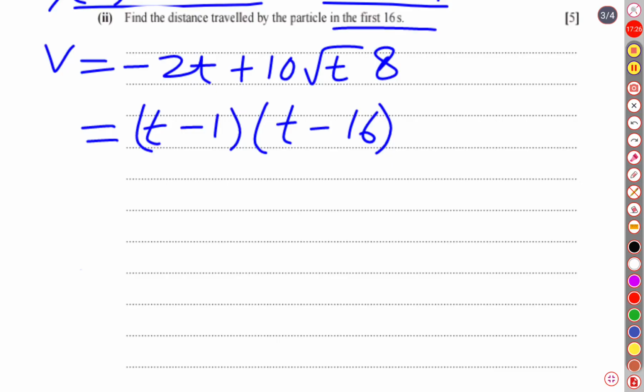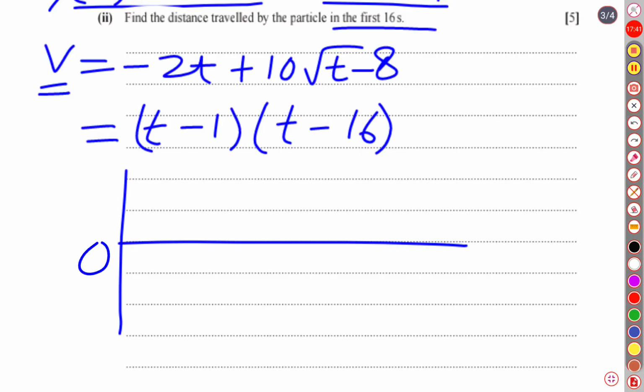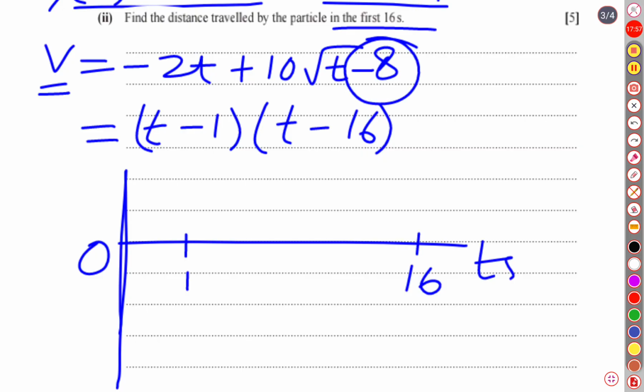Now the question is, what is the problem if we integrate velocity directly, finding the limits from 1 to 16? Let me show you the graph. Suppose here it's O, here t in seconds, and our roots are 1 and 16. Suppose here is 16, and the y-intercept is negative 8.